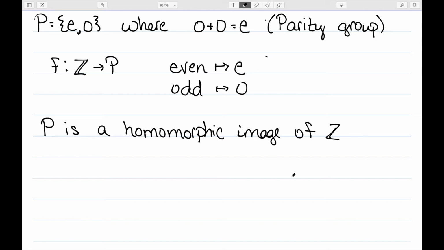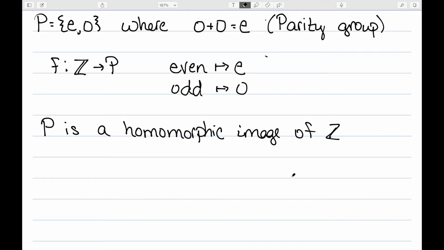When we were looking at isomorphisms, we wanted to find isomorphisms because it showed us when two groups were actually the same, they were just disguised a little differently. So what about homomorphisms? What is it that we're looking at? For that, I'm going to consider this example of the parity group a little bit more. What is it that P and Z have in common? P is a much smaller group, so a lot of the properties of integers are lost.